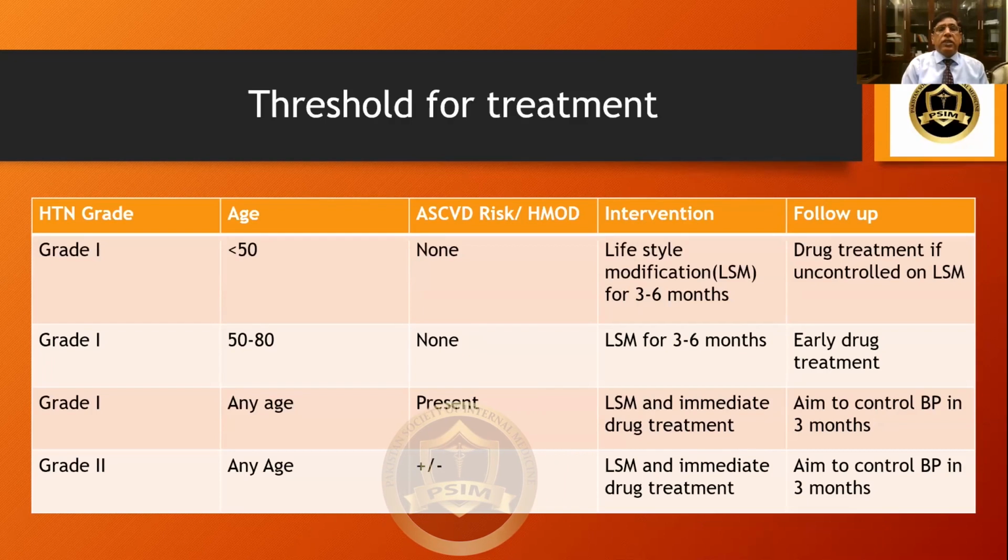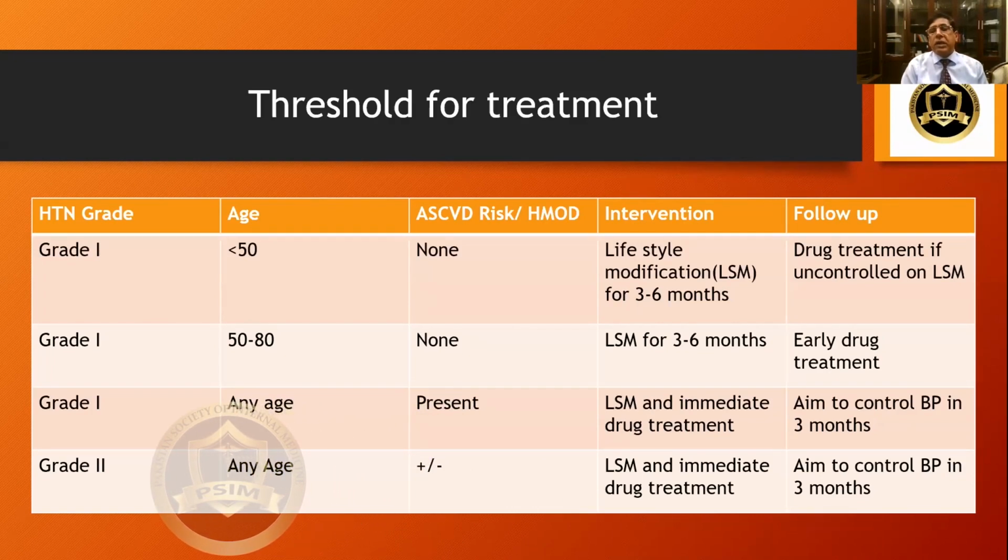Grade 1 hypertensive, age 50 to 80, no risk factors, lifestyle modification for 3 to 6 months, but you consider early drug treatment in this group.